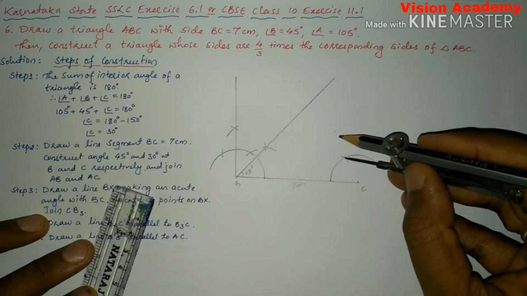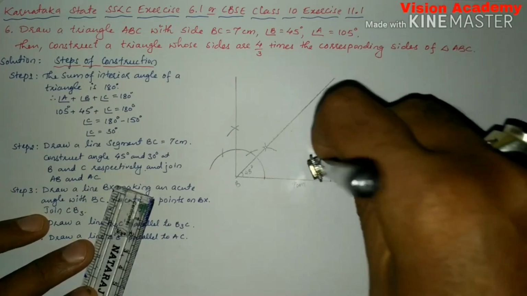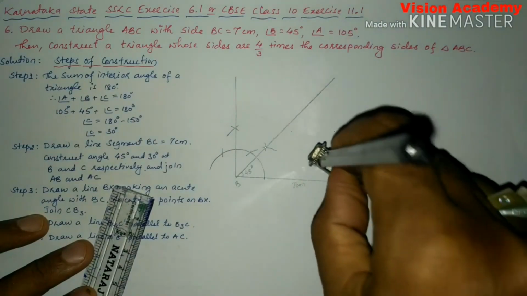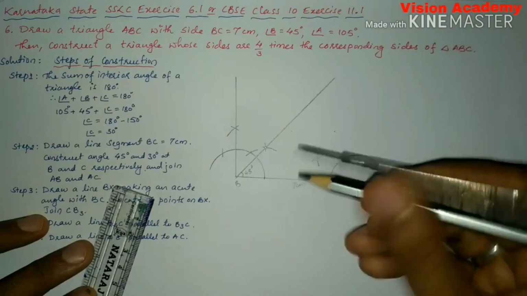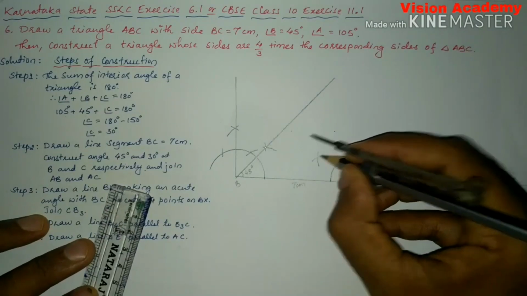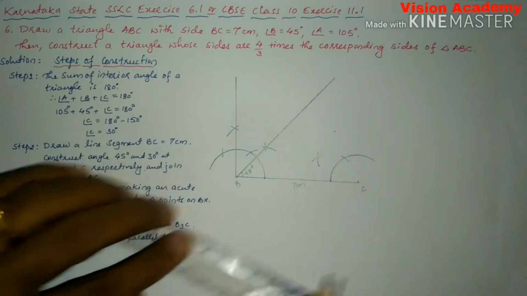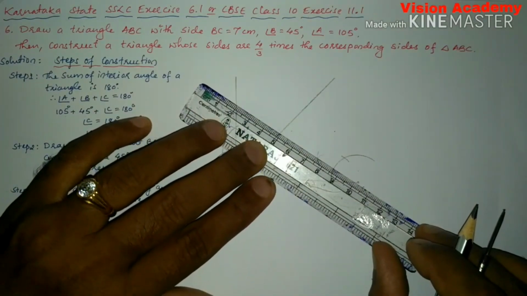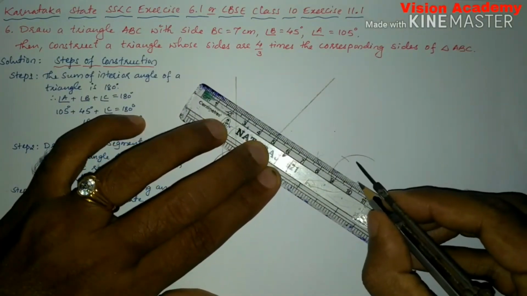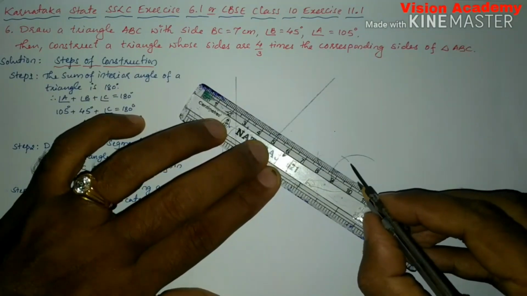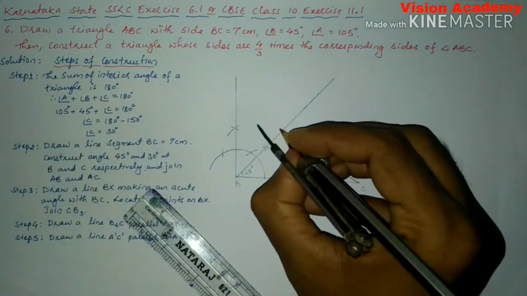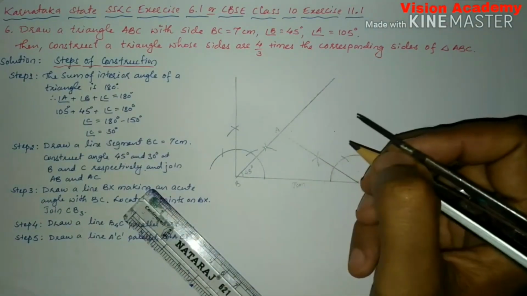So this forms 60, and half of 60 is 30. Through this point I'm going to draw a straight line through C. Let us write this point as A.